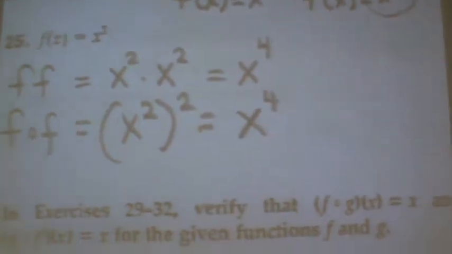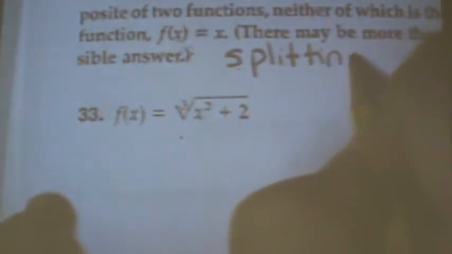Okay? Now, 33, 35, and 37 are the splitting ones. So you might want to write splitting. Let's do one together. 33. So f of x is, I think it says cube root. I'm going to go with cube root.